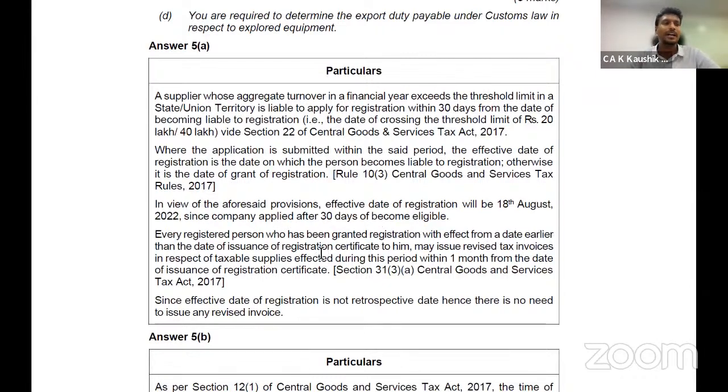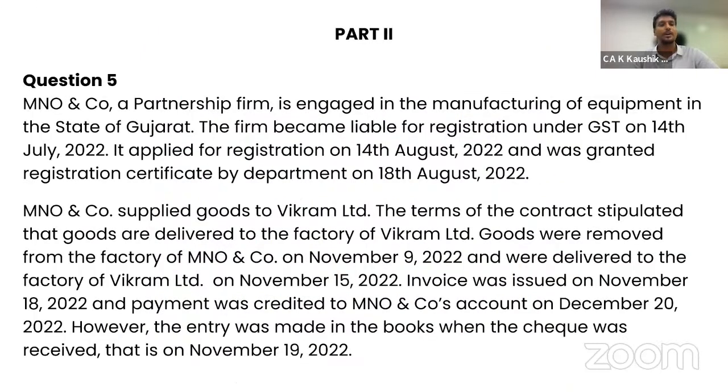And ideally, the provision given is if the date of registration is retrospective, then the invoices issued from the date becoming liable till the date the grant of registration should be revised within 1 month from the date of issuance of GST registration certificate. But in this case, since there is no retrospective registration given, there is no requirement for revision of any invoice. So that is your question number 1.